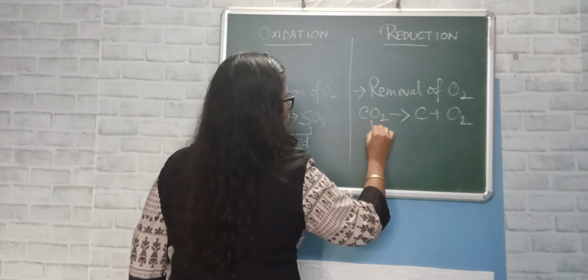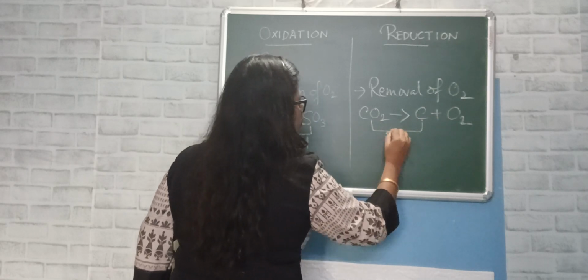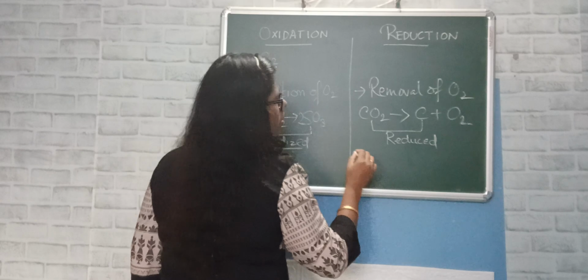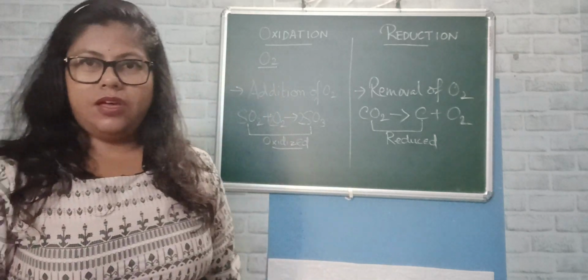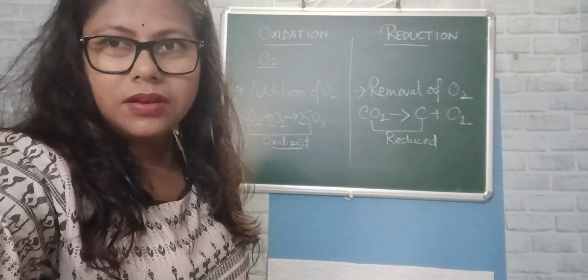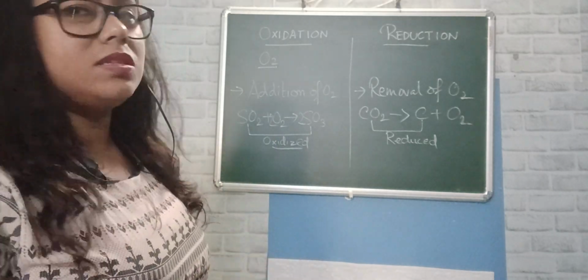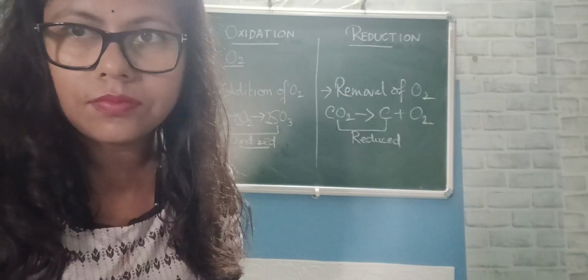That means carbon dioxide is getting reduced because there is a removal of oxygen. I hope in respect to oxygen you understood how these two processes are different from each other.